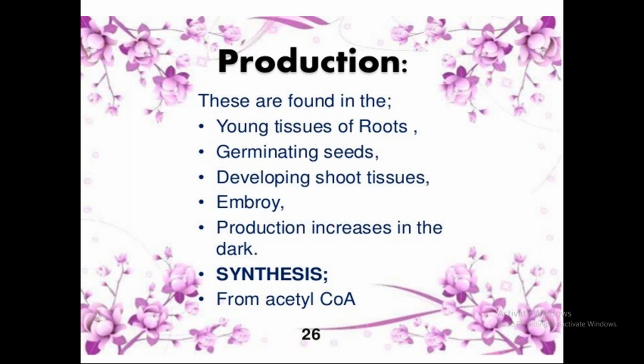I will explain the pathway. Firstly, keep in mind that there are 3 sites for the production of gibberellin hormone. Mainly they are produced at the growing tissue, the young parts of the roots, the germinating seeds, the shoot tissues, and the embryo.